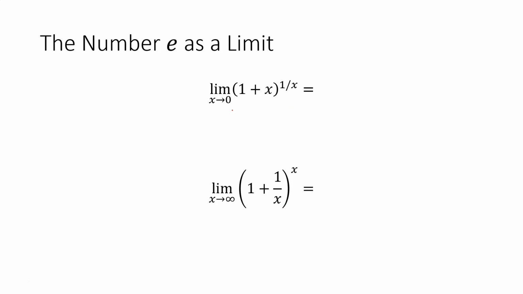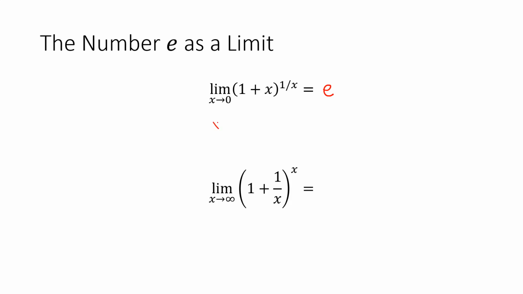Or here we can write it in this form. Right, so we know that the limit as x approaches 0 of 1 plus x to the power of 1 over x is equal to e. And that would actually be equivalent to writing it in this form here, because here we can just do a simple substitution.